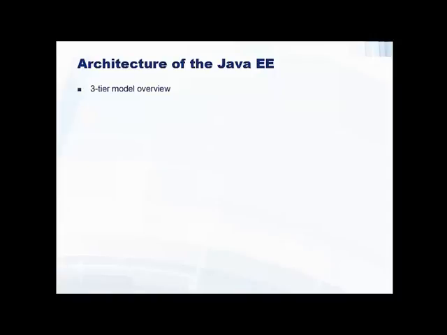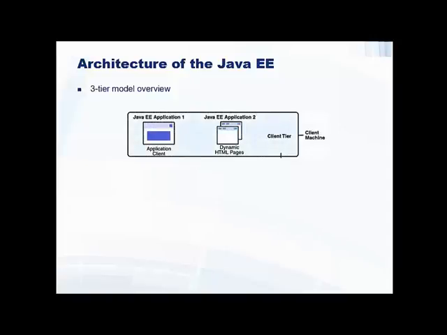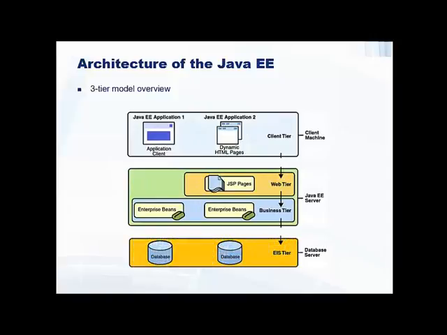Now we will have a short overview of the three-tier model. In this diagram, we can see that the first tier is represented by the client machine. It's called the client tier, and inside this tier we have the Java Enterprise applications.